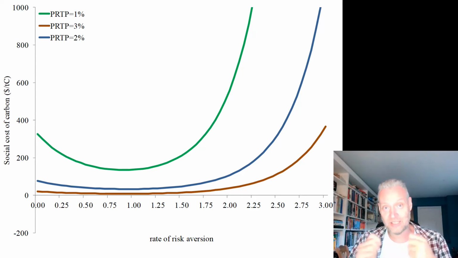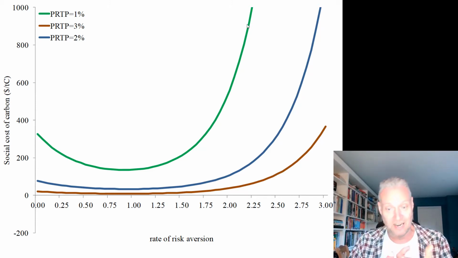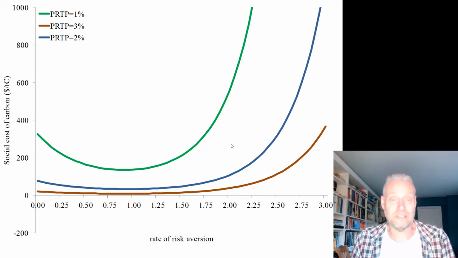The only thing that differs here is what is the pure rate of time preference, what is the rate of risk aversion, what is the curvature of the utility function. And depending on these parameters, we can talk the social cost of carbon up or down.